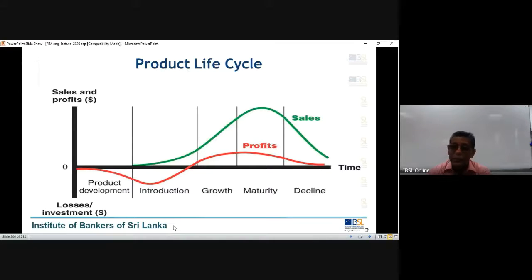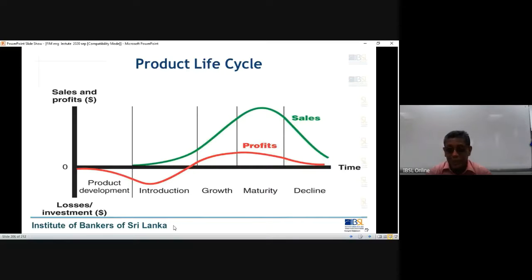In the latter maturity stage, the product is going to decline. So what strategies are you expecting? You need to relaunch your product or extend its maturity life cycle. So you need to come up with a lot of strategies.